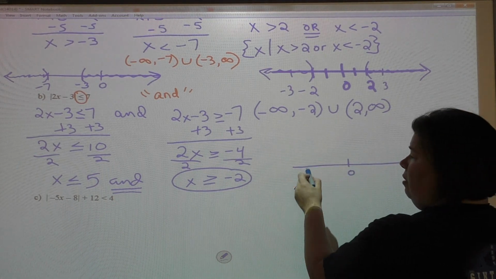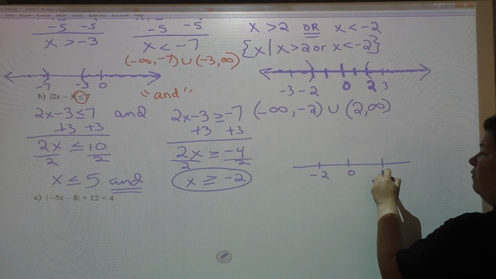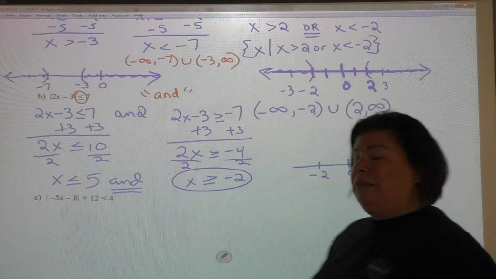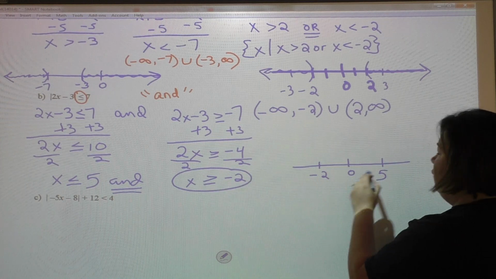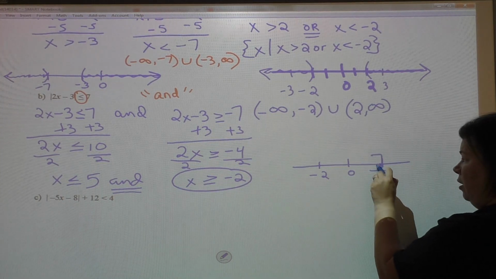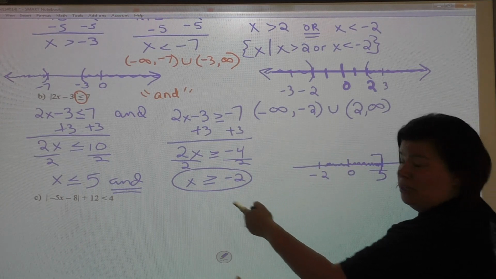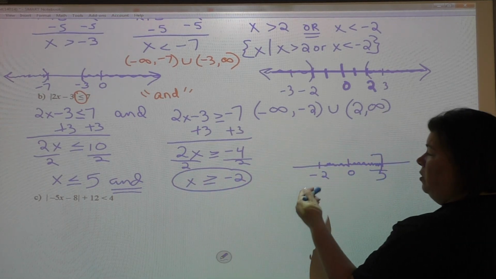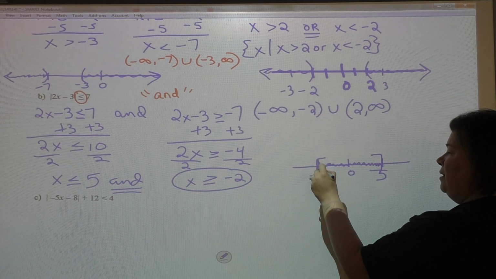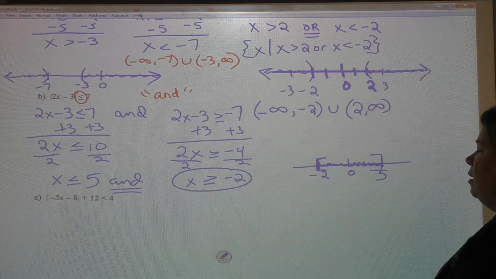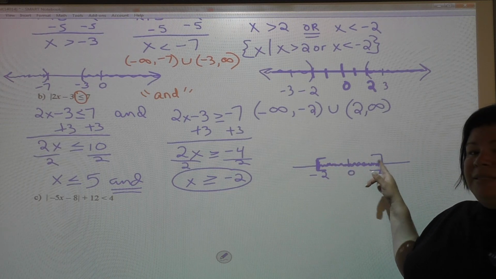So if this is 0 and this is negative 2 and this is 5, this is telling me that all x values have to be less than or equal to 5, so it's a closed interval. But the constraint also tells me, and it also has to be greater than or equal to negative 2. So that means at negative 2, everything greater than that, but also less than 5.